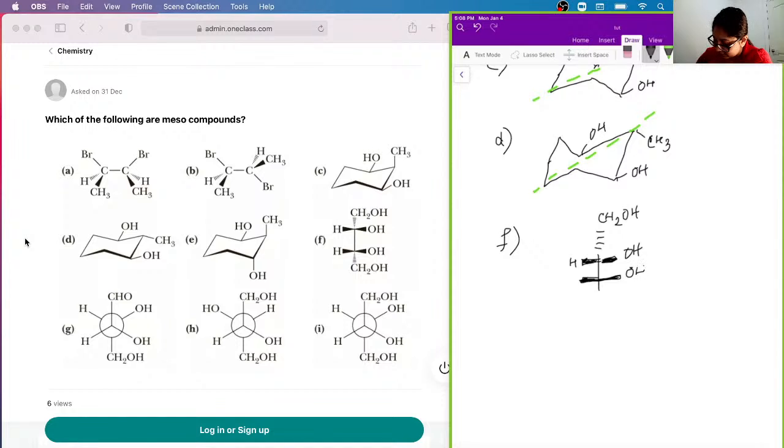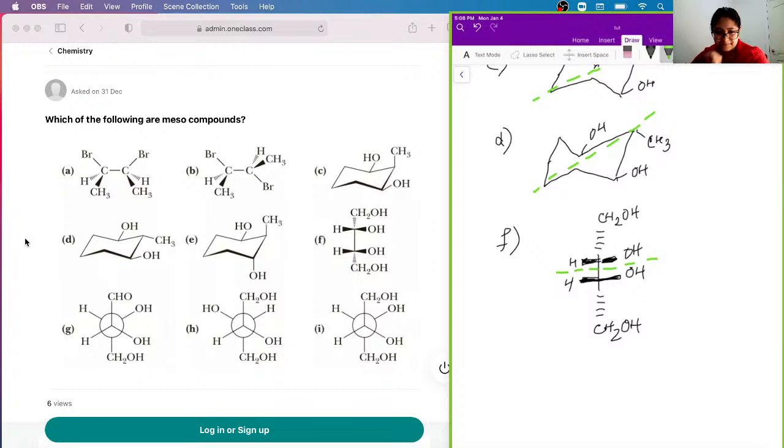You can basically see how this can be a meso compound if you just set this line right through the middle, right here. You would have the same stuff on the same side, and so this is a meso compound.